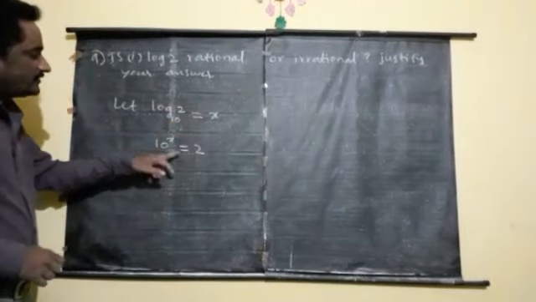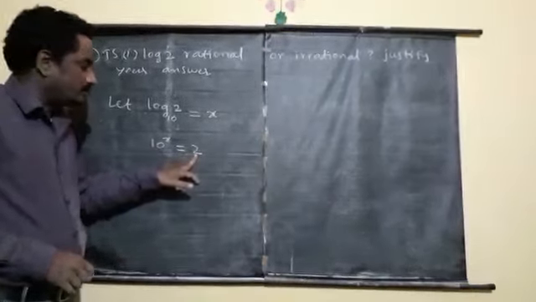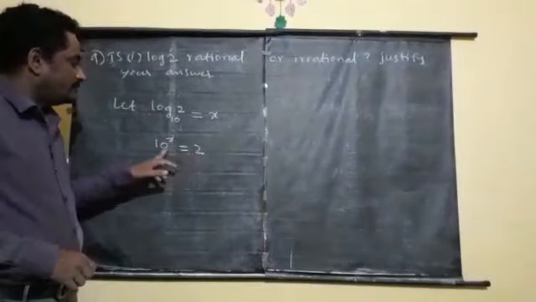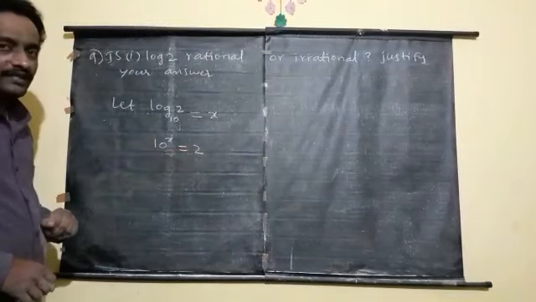Now you see, 10 to the power of x is equal to 2. Can we write this value with base 10? This value with base 10 we can't write.